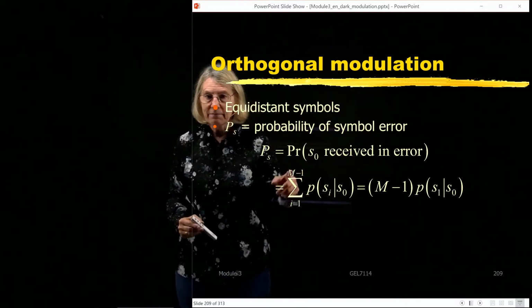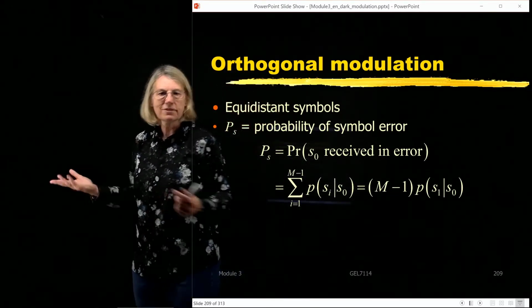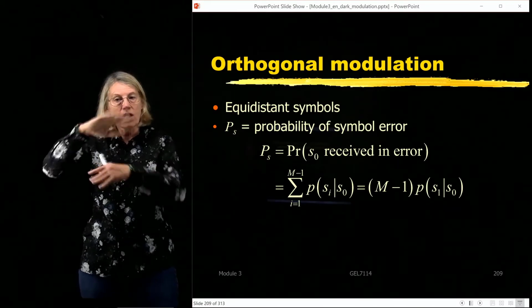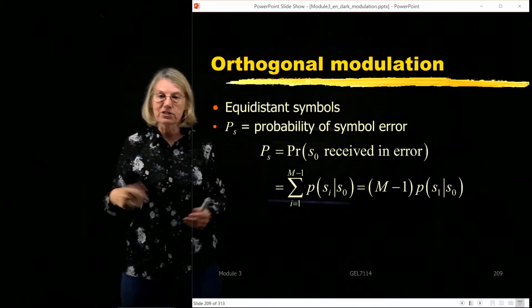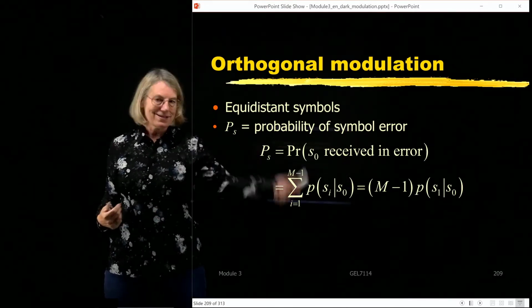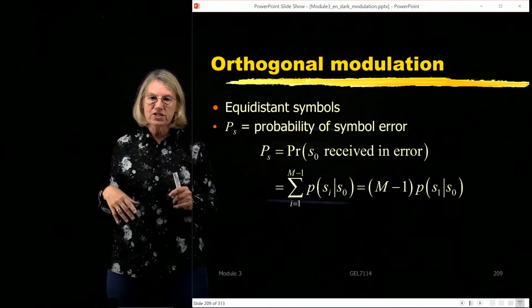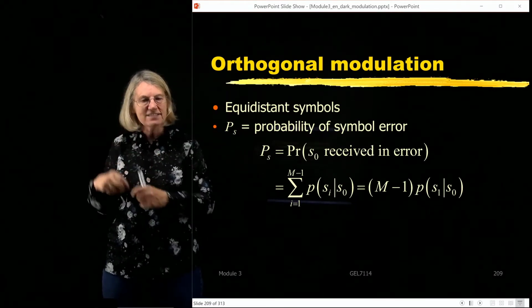There are M minus 1 terms, so it's M minus 1 times this conditional probability. It doesn't matter which one, because they're all equidistant. So I'm just going to write it as the probability that I make a mistake, which is choosing S1 when S0 is really sent. So symmetry of the orthogonal modulation makes this very straightforward. I don't have to keep track of different kinds. There's just one kind.